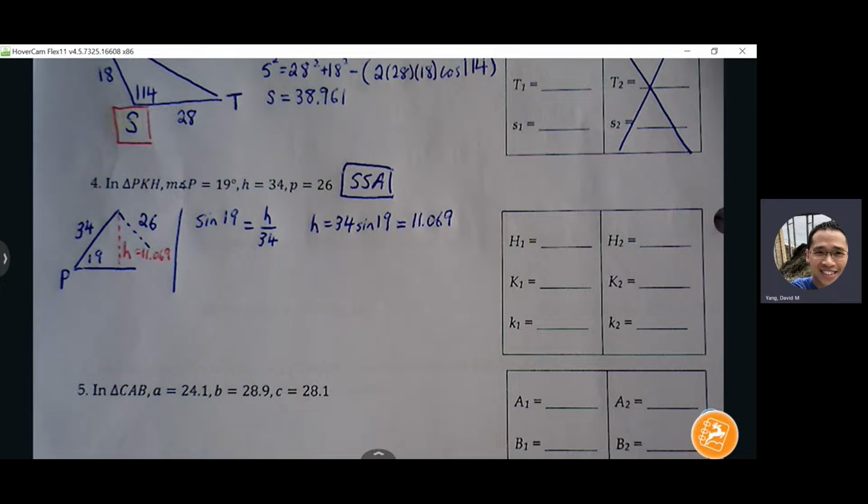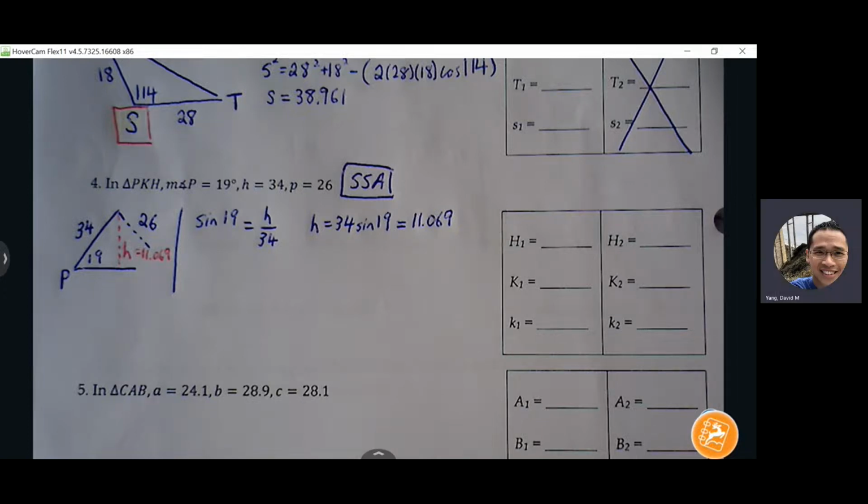Okay, 11.069. What does that tell me now? That 26 can either be out here, but it could also be where? Here, right? Because 26 is longer than 11, so it can slide over here. But it's less than 34, so it can hide here and create an obtuse triangle. Two triangles.